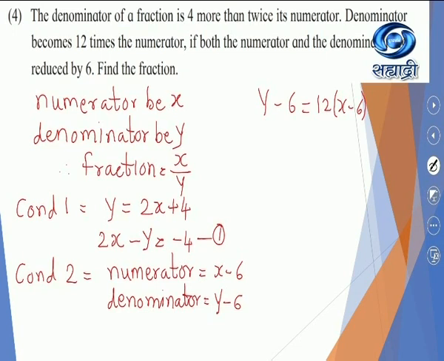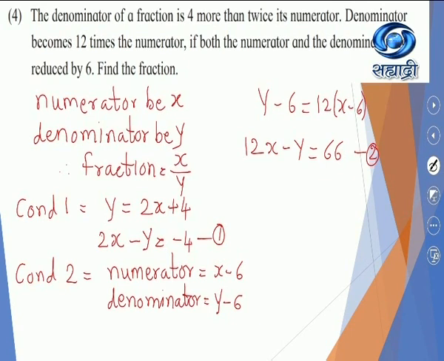So here if you solve this, you will get it as 12x minus y equal to 66. So you get another equation, that is equation number 2.